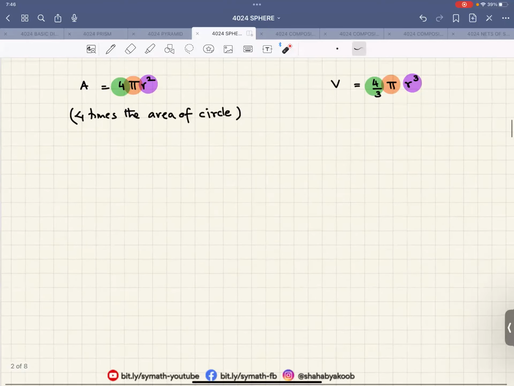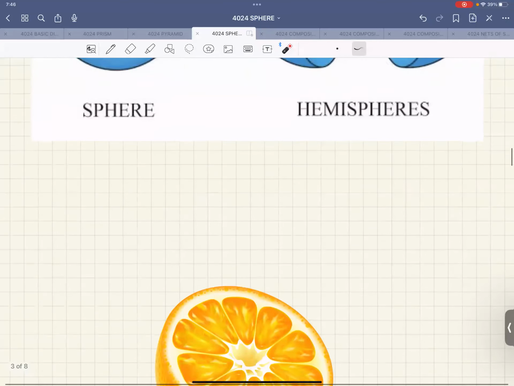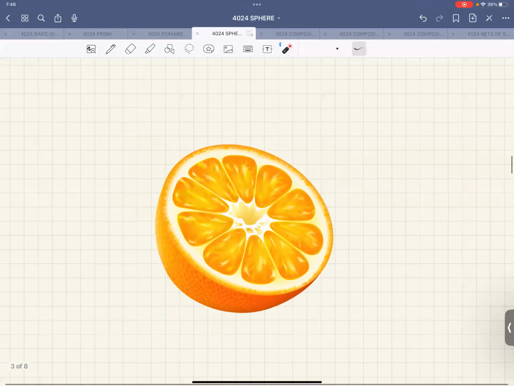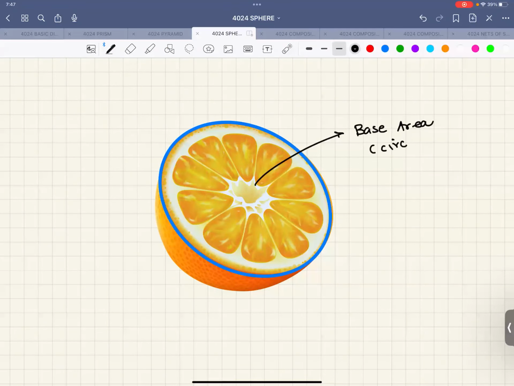Now, when we cut it into halves, what do we see? Let me draw a circle over here. What we see is a circular cross section that was not there in the sphere. So in hemisphere, we see a base area. So this is a base area, and this base area is a circle.